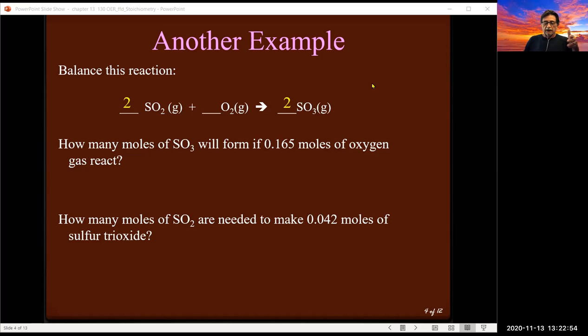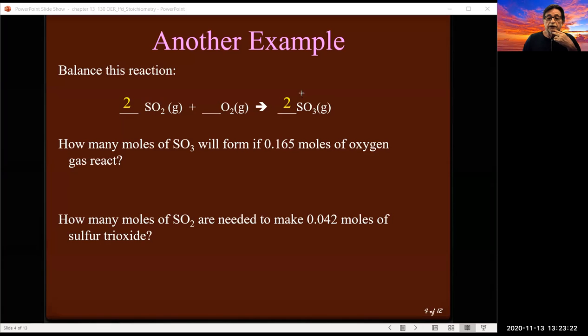And so what this balanced chemical reaction tells us, we have 2 moles of sulfur dioxide require 1 mole of oxygen to give us 2 moles of sulfur trioxide. Okay? So first question is, how many moles of sulfur trioxide will form if 0.1665 moles of oxygen react? Okay?